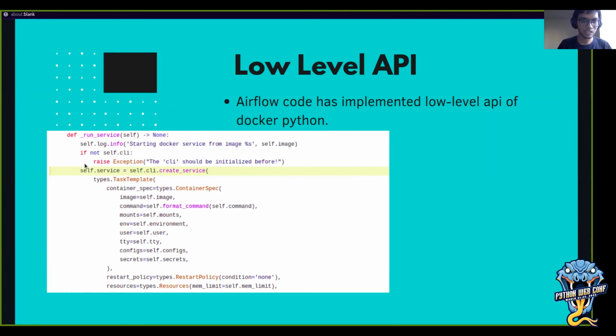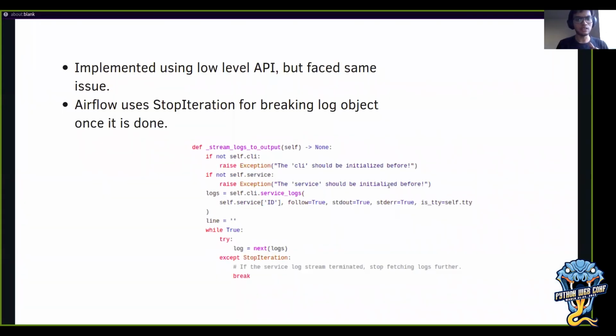There they use create_service, which is the low level API for creating a service, and they have all these configurations. So I thought there might be an issue with this socket thing in the high level API, but in the low level API there wouldn't be. After that, I implemented the low level API, but I faced the same socket issue. The socket connection was open and I was not able to break the loop.